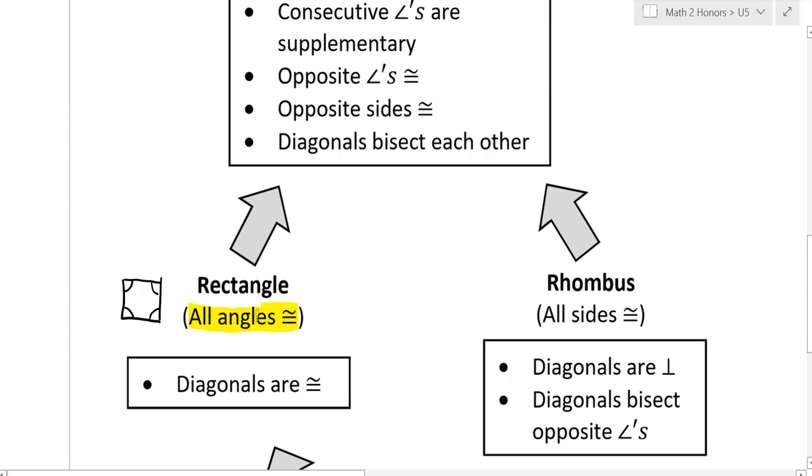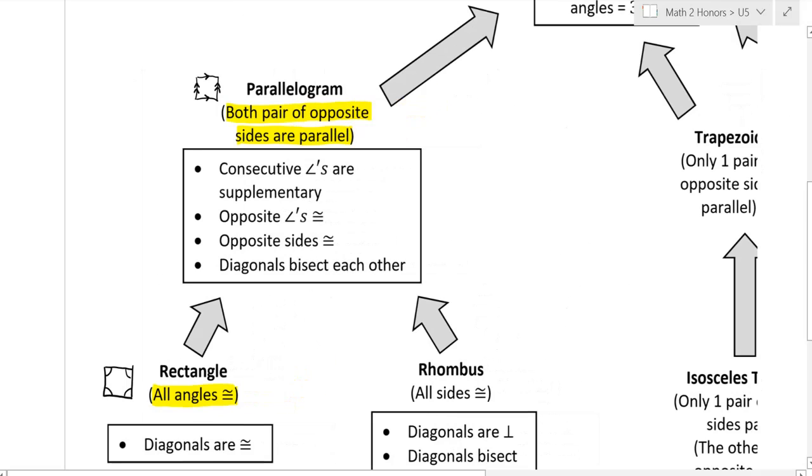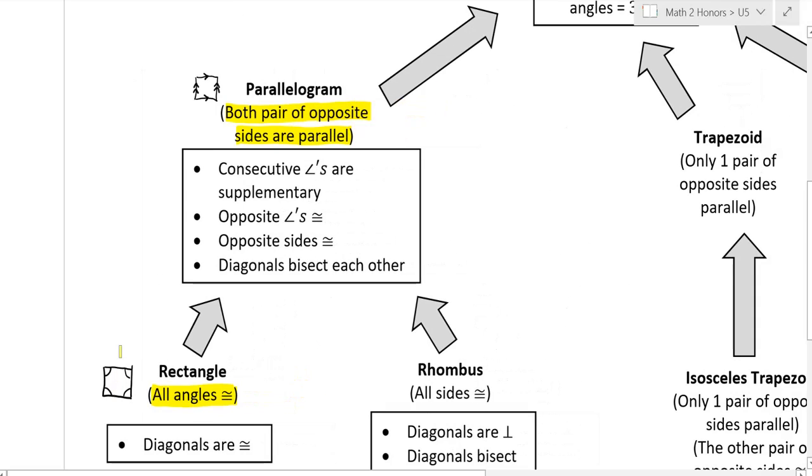The definition of a rectangle is just four sides, all the angles congruent. If we were working on proofs, we would be able to prove that if you have four angles congruent, you can get opposite sides parallel and actually prove that a rectangle is a parallelogram.